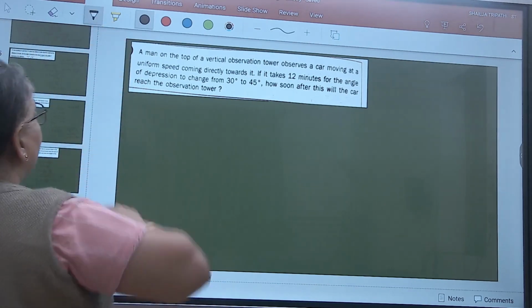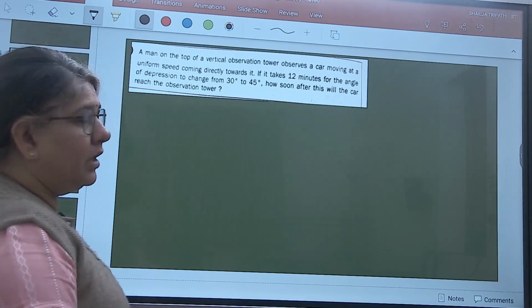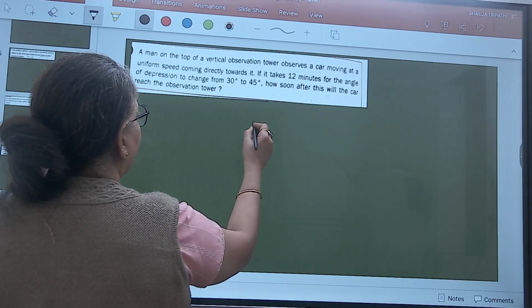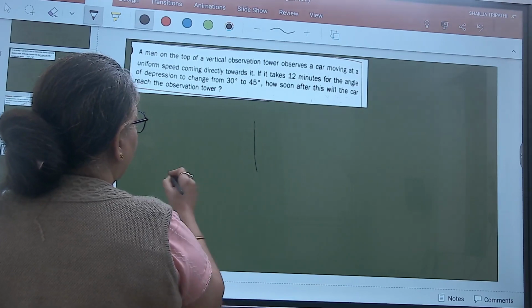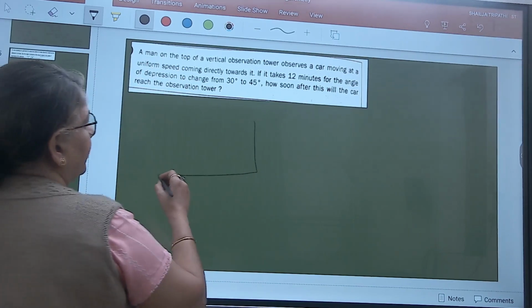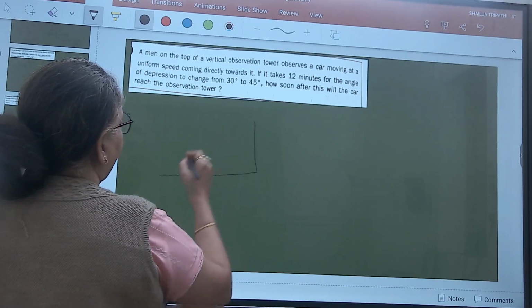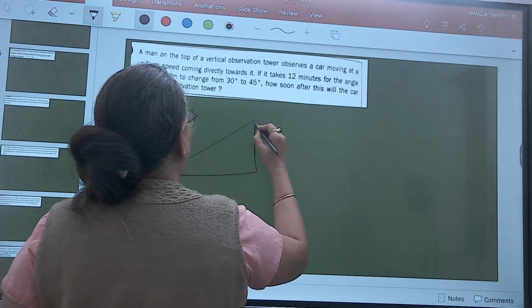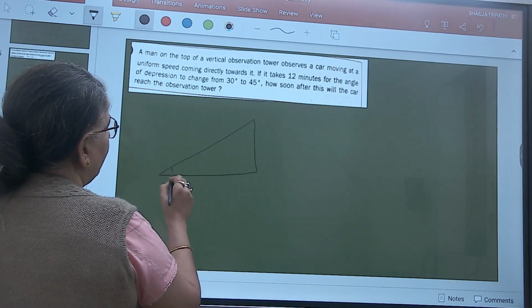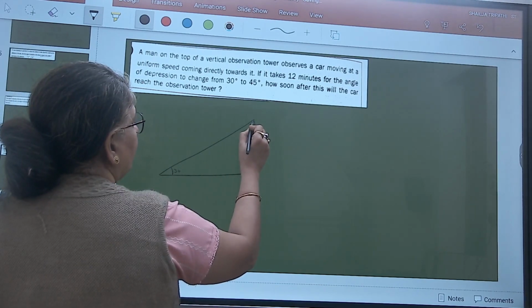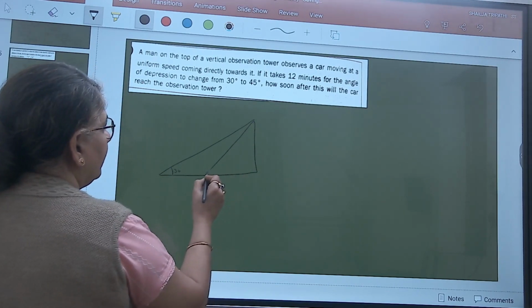So we begin this question by first drawing the diagram. If this is the observation tower and the angle of depression is, the person from the top is observing a car. So this angle is 30 degrees. Now the car is moving towards the tower.